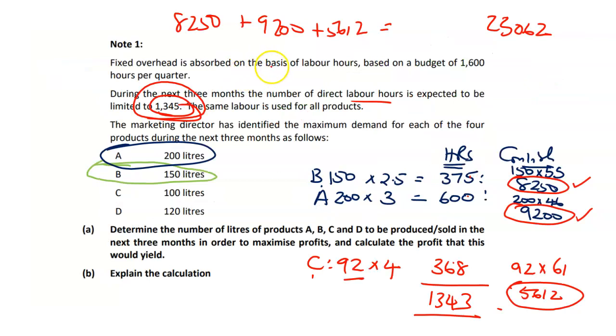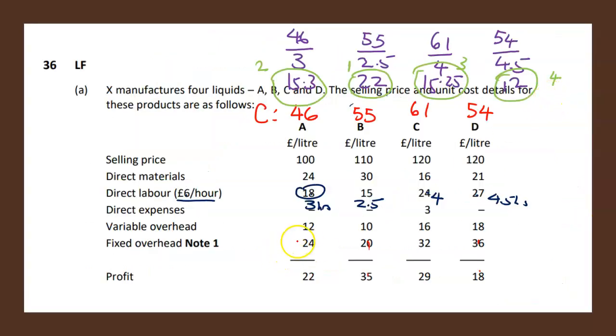And the question tells me that fixed costs are absorbed on the basis of labor hours based on a budget of 1,600 hours per quarter. If you look here, they had said that we can use any example, it would work.